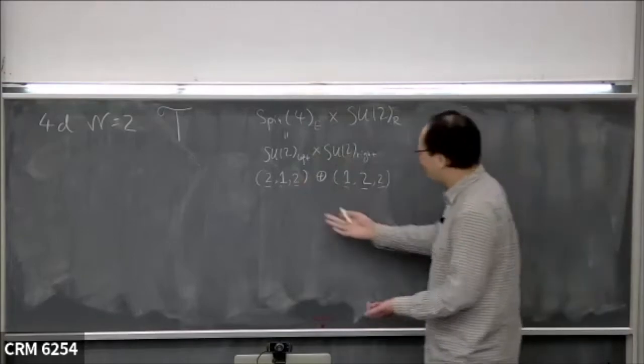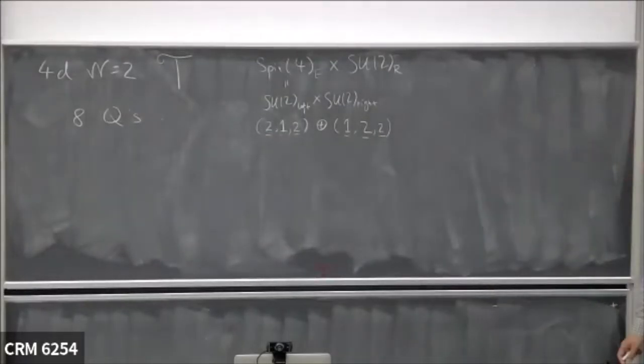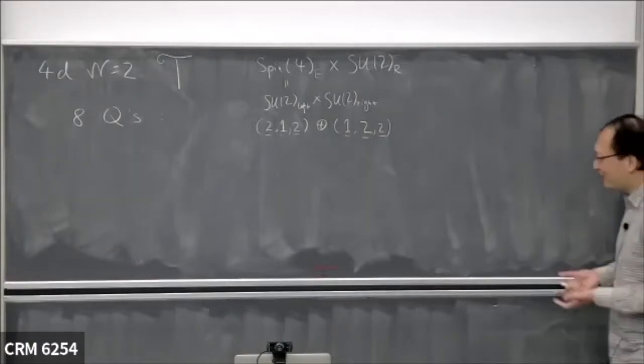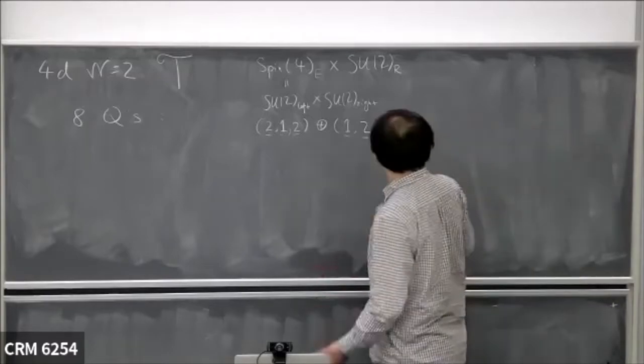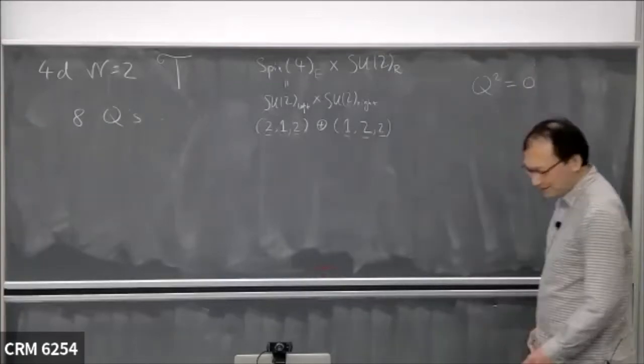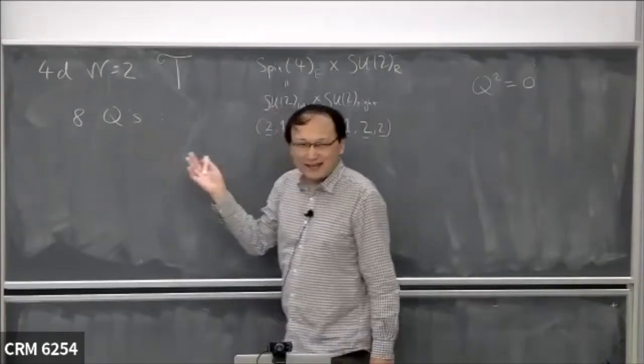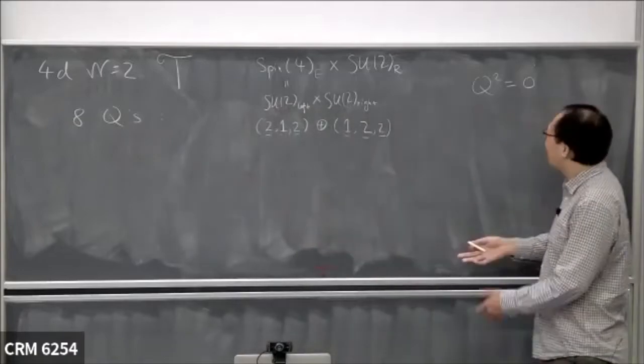So now there are 8 supercharges. If we want to have a topological theory, we should have some nilpotent supercharge, namely Q that squares to 0. But if you look at those Qs and linear combinations of those, they will not just square to 0.